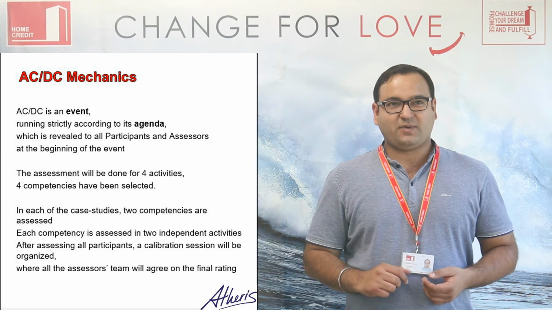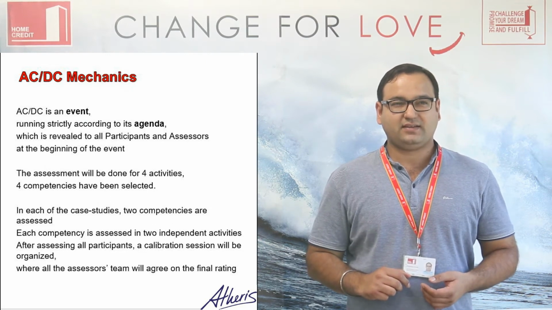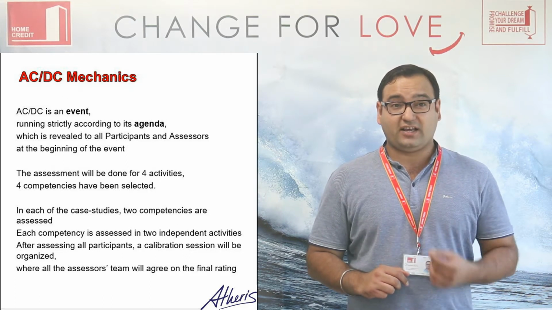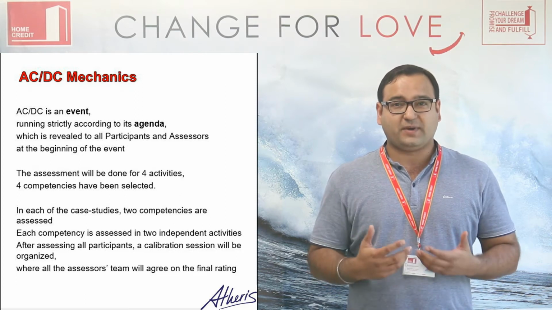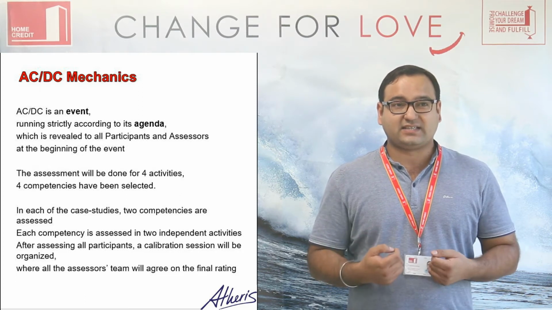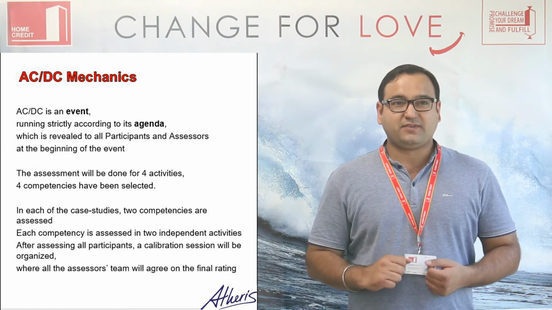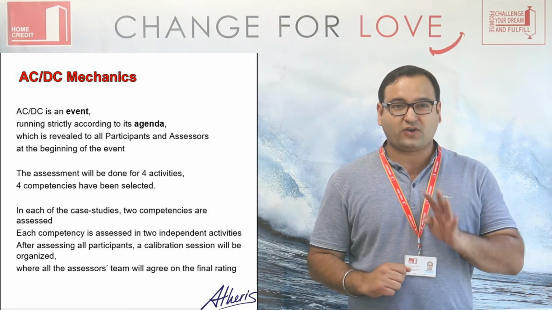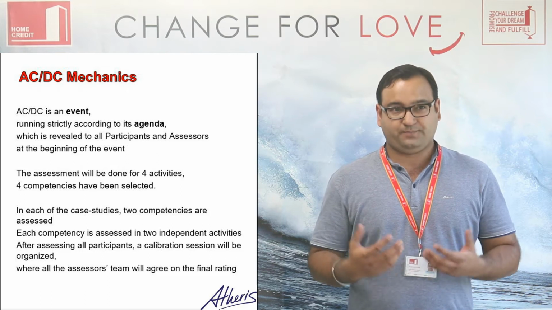Now, let us talk about Assessment Center mechanics. How is it organized? Assessment Center, as we said, is an event running strictly according to its agenda, which is revealed to all participants and assessors at the beginning of the event. The assessment will be done for 4 activities, which will be for 4 competencies which we have selected for a particular role.